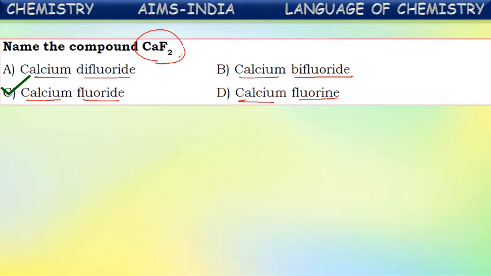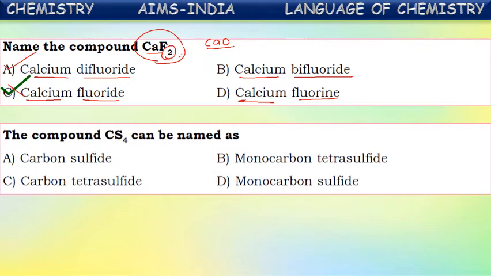CaO would be calcium oxide. With only one F atom it would be calcium fluoride, but if we had 2 fluorine atoms it would be called calcium difluoride.